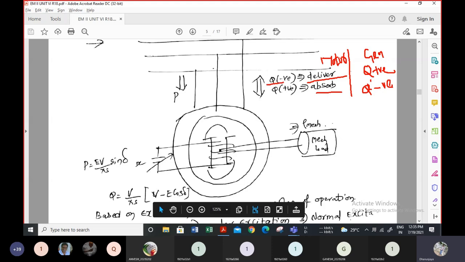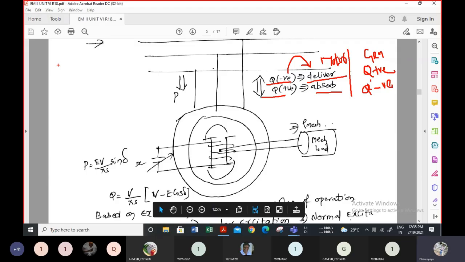When reactive power is negative, what does it mean here? When Q is negative under a synchronous motor, it means that it is delivering the reactive power. When Q is positive, it means that it is absorbing the reactive power. We already discussed that synchronous machines require flux.